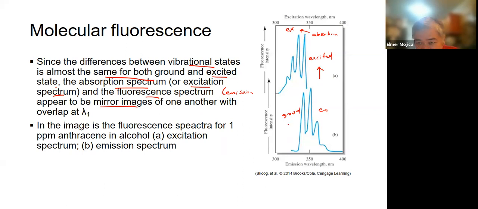And you get this when your molecules relax from the excited state to the ground state. Okay? And this is the mirror image of the spectra that we have for the anthracene. And the system that you have is anthracene in alcohol. So the excitation spectrum and the emission spectrum.